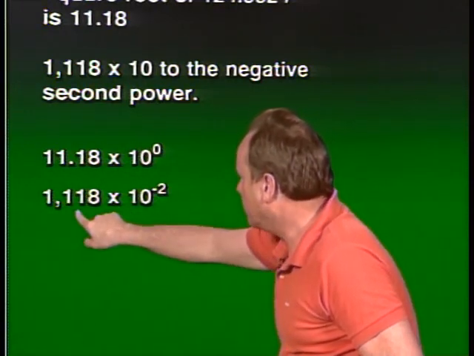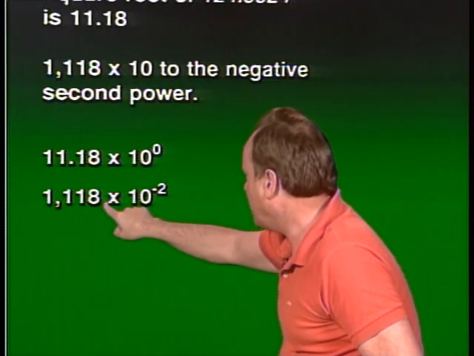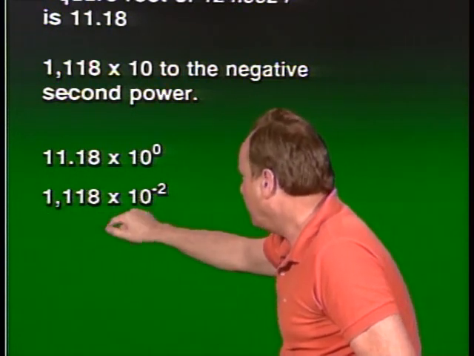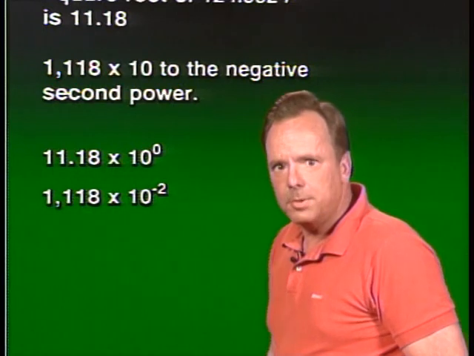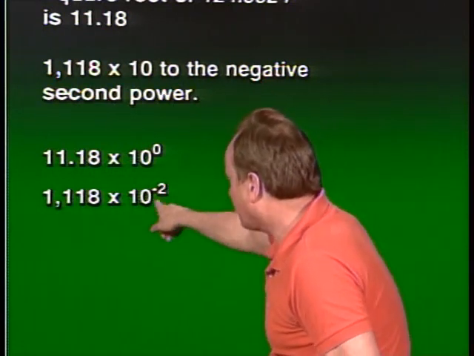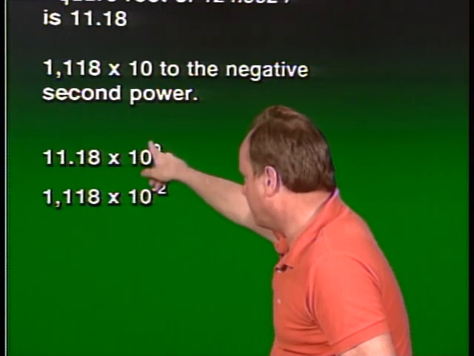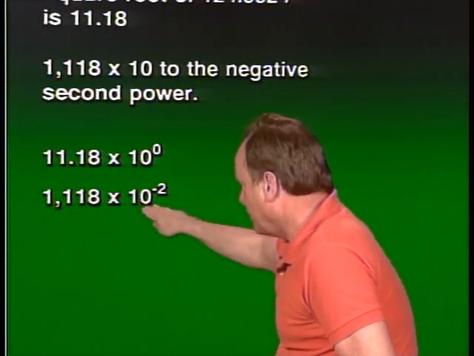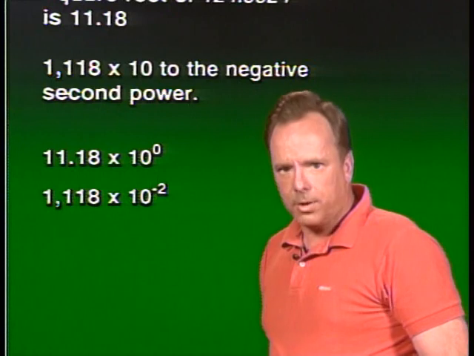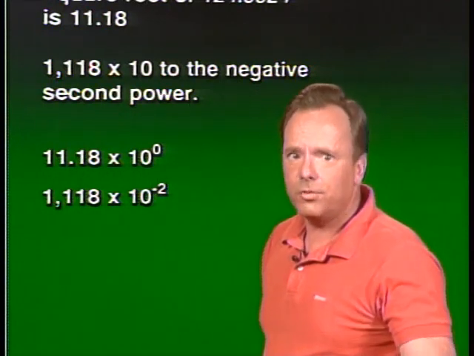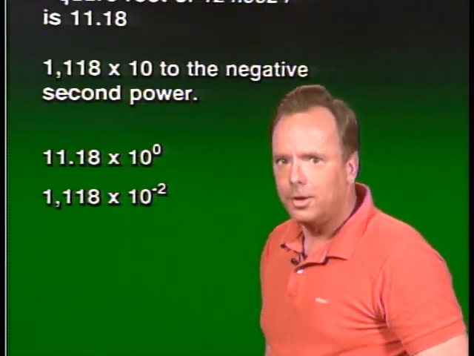All we did here is move the decimal point 2 places to the right, and therefore we multiplied by 100. And to make this product come out to be the same, we have to divide this factor by 100. So we make it 10 to the minus 2 instead of 10 to the 0. And you can see it's exactly the same thing. So you're going to have to be pretty handy with your exponents of 10. But if you understand what we're doing right here, you got it made.